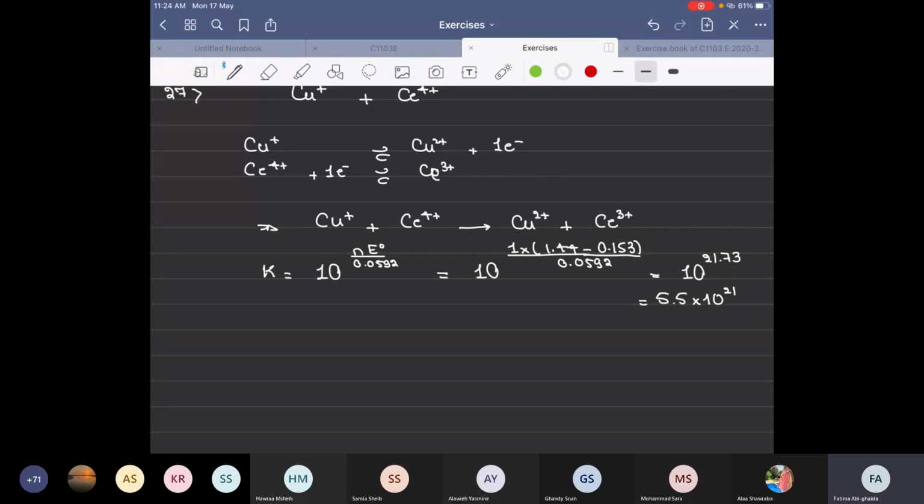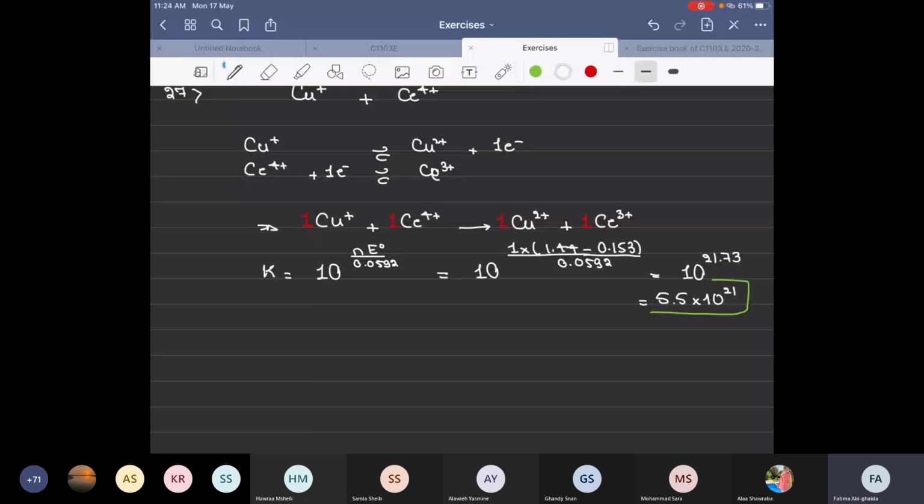Okay, why is the reaction complete? It is a 1 to 1 to 1 to 1 reaction with a K that is much larger than 10 to the power 6.